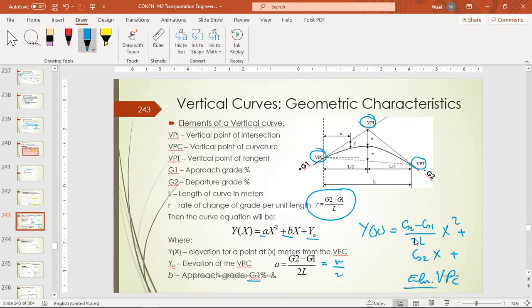Clear? This will give us the elevation for any point on the curve. Any questions so far?